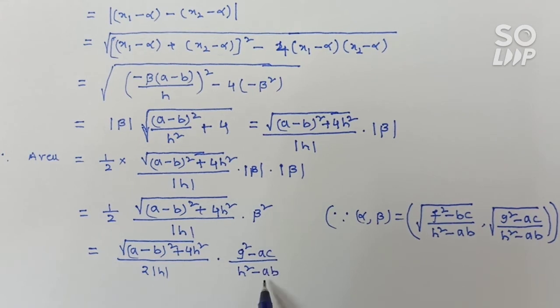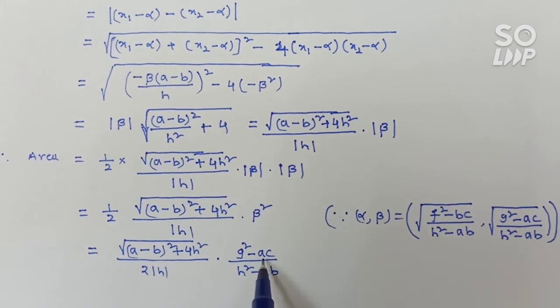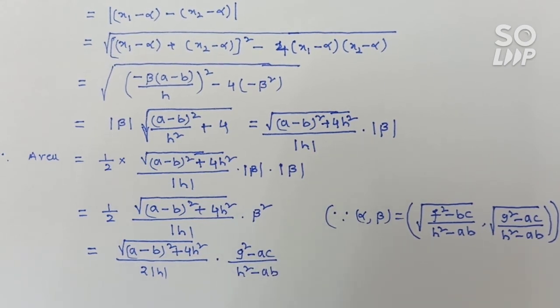Now if you take minus common in the numerator and denominator, you can also write this value, I mean, this one is (ac minus g square) by (ab minus h square).